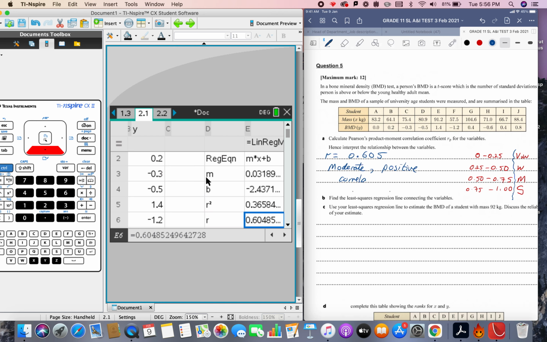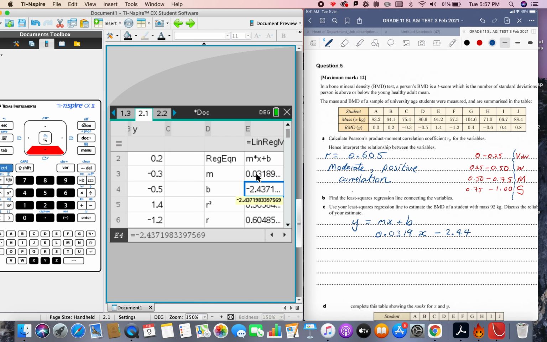Now B, find the least squares regression line. Well, we can write that down straight away: y equals mx plus b. From the calculator, the m is 0.0319, so 0.0319x, and the b value is negative 2.44.